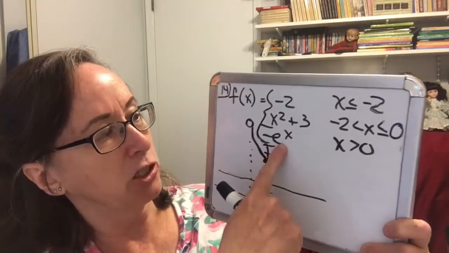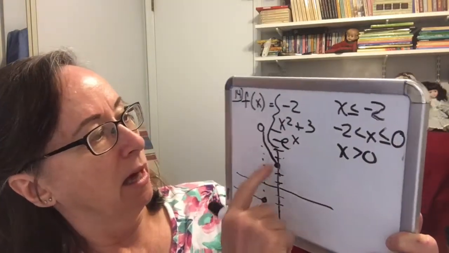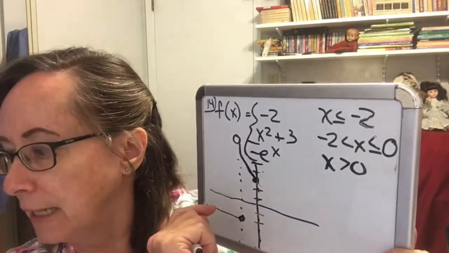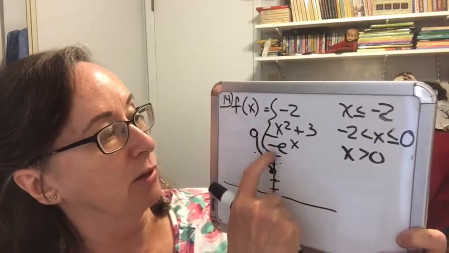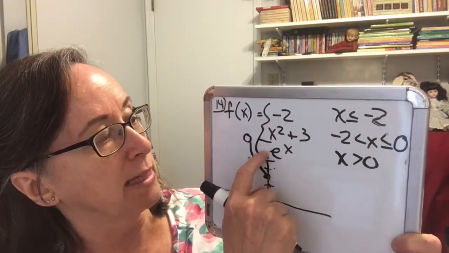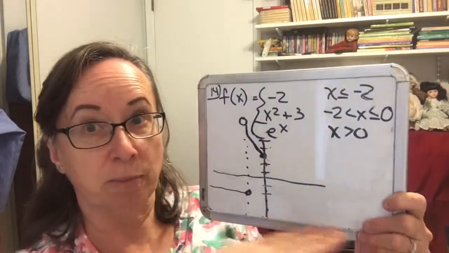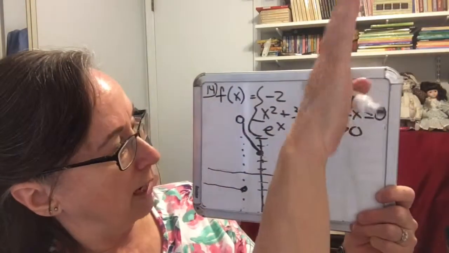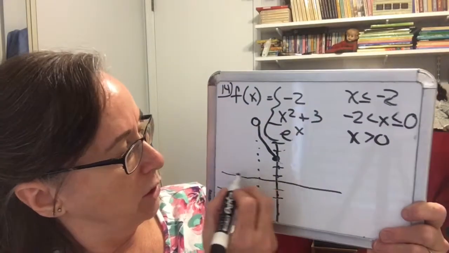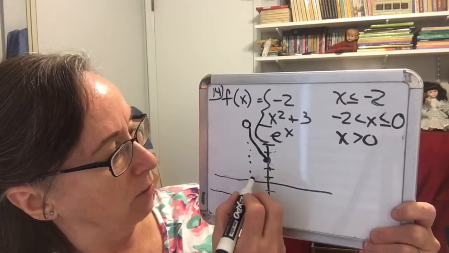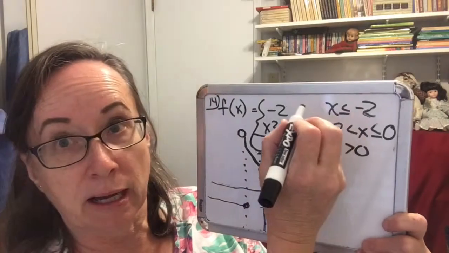And then the last region is going to be e to the x, and it is not a -e to the x, even though I just put little grids there. So I'm going to erase that one. It is a positive e to the x, and e to the x should be climbing in this direction. Generally, wouldn't it be coming this way, crossing through 0, 1, and then going up?